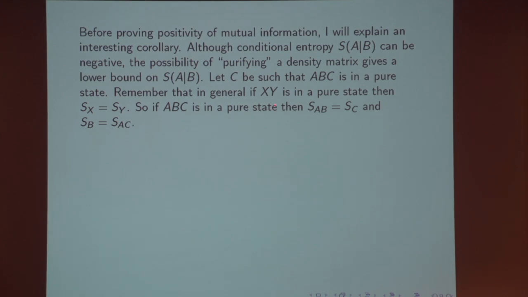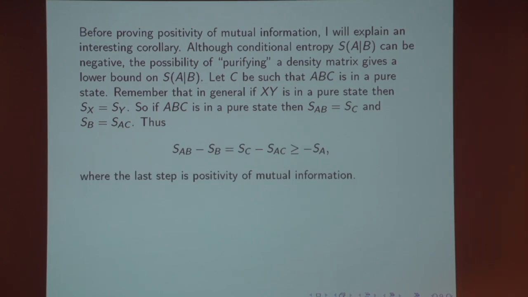So if ABC is in a pure state, SAB equals SC, and SB equals SAC. Because C is purifying AB, AC is purifying B, since ABC is in a pure state. So, well, in SAB minus SB, I substitute SC for SAB and SAC for SB.